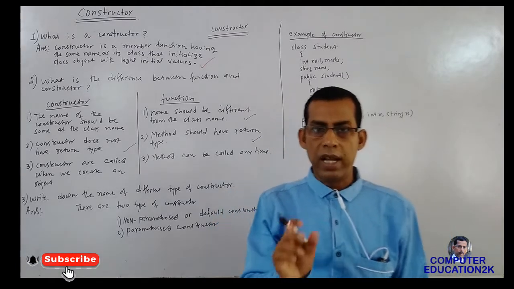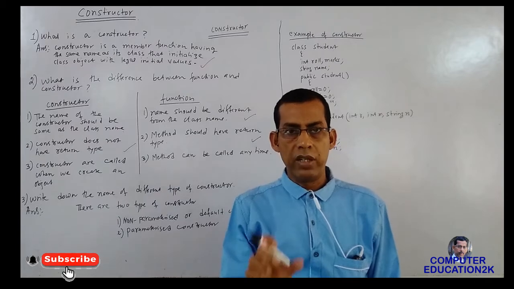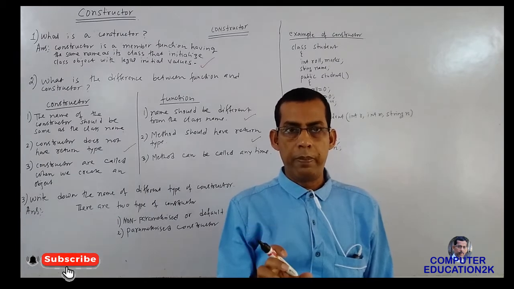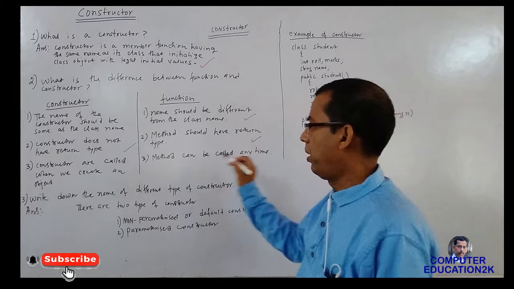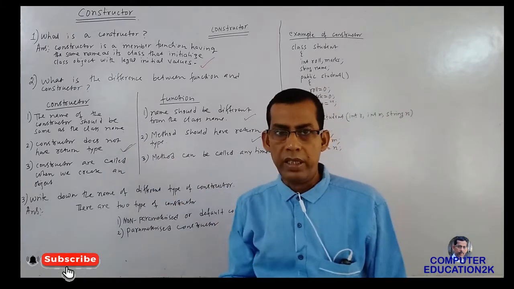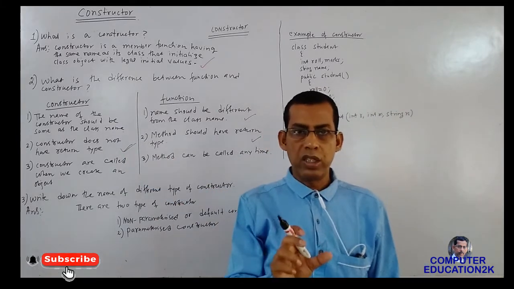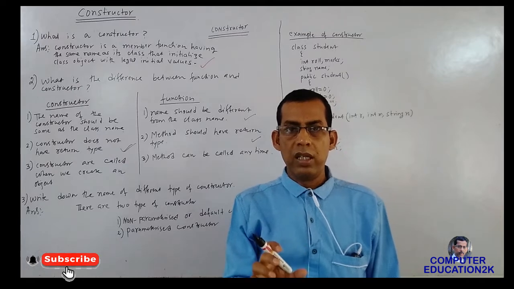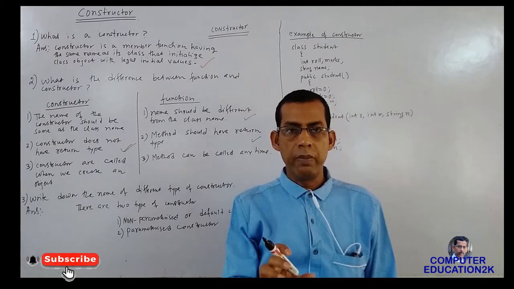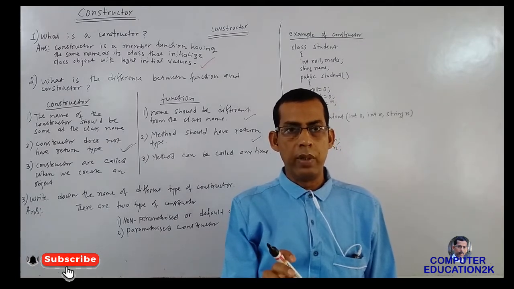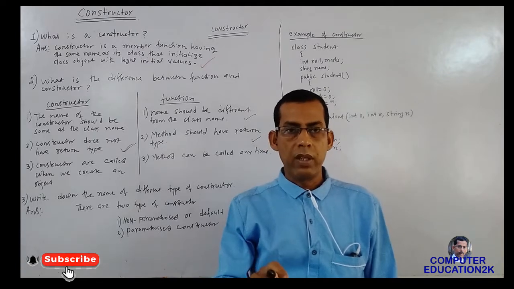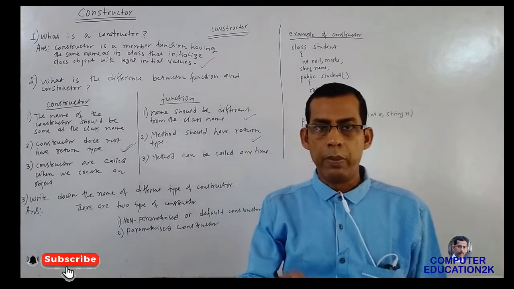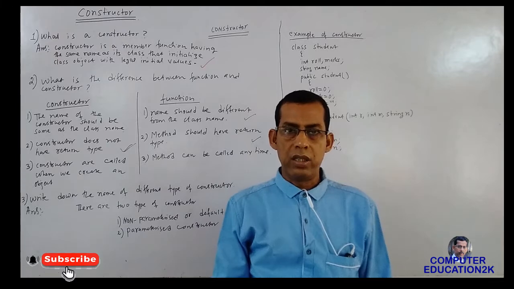Instead of void you can write int, double, float. That is called a return type. So constructor does not have a return type. That means before the constructor name you should not write void, int, float, or double. But before the function name you can write that.